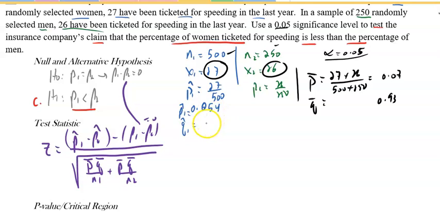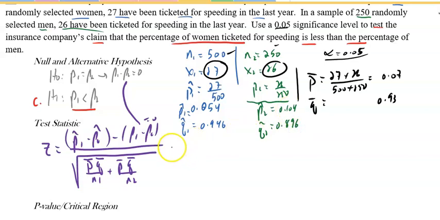If you plug that in a calculator, that's 0.946. And P2 hat, if you plug that in a calculator, that turns out to be 10.4%, which means Q2 hat turns out to be 1 minus that, 89.6%.